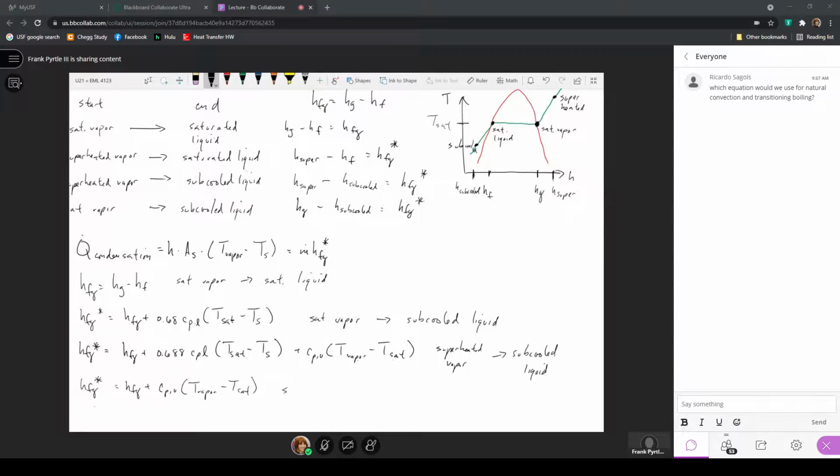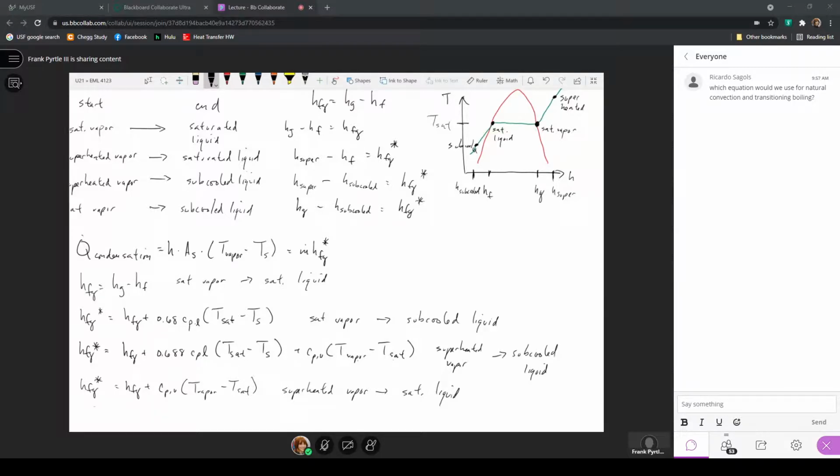What this describes is superheated vapor down to a saturated liquid. The second term describes enthalpy change from superheated vapor to saturated vapor. And the first term describes saturated vapor down to saturated liquid. So here we went superheated vapor to saturated liquid.